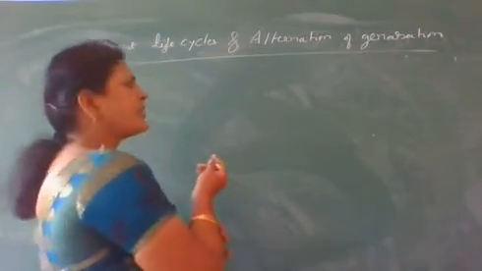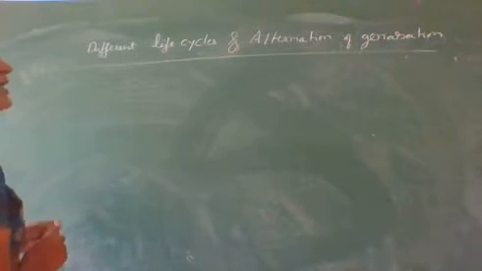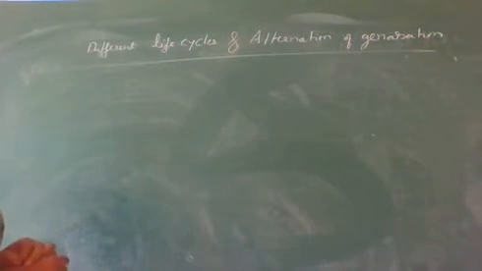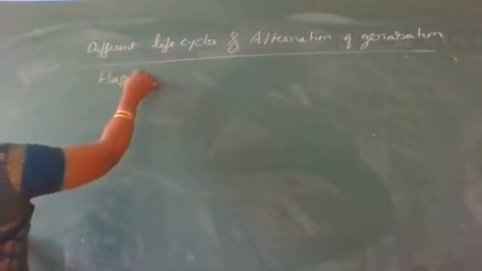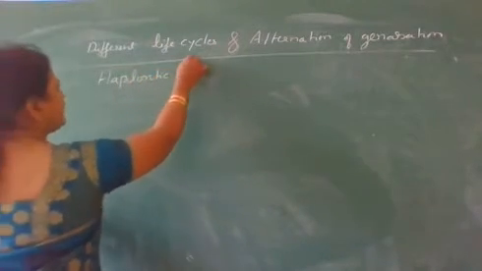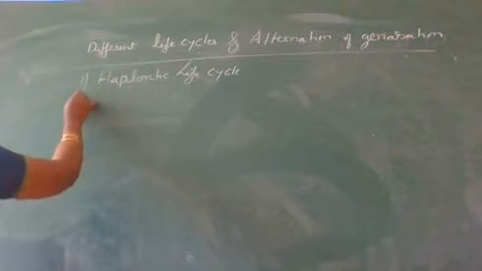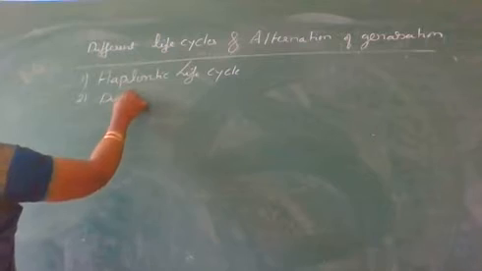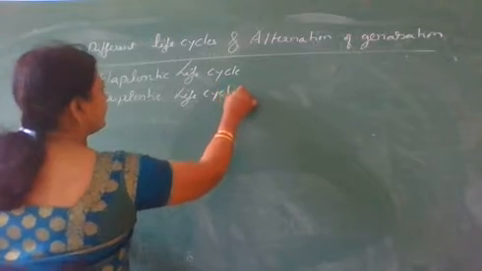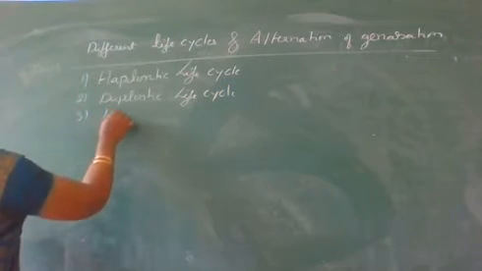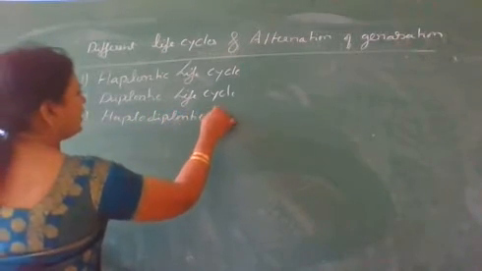Now, here in case of plants we can observe different types of life cycle, that is haplontic life cycle, and diplontic life cycle, and haplodiplontic life cycle.